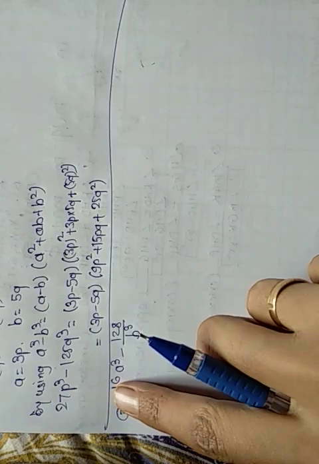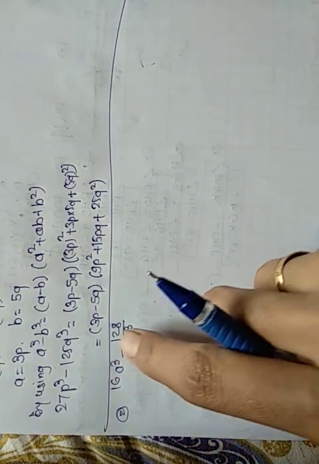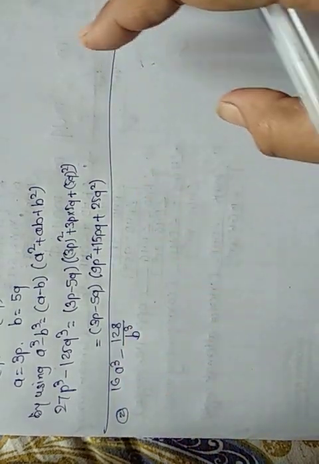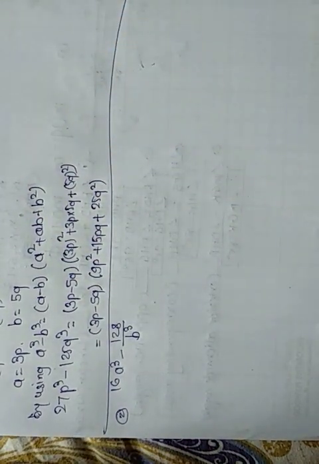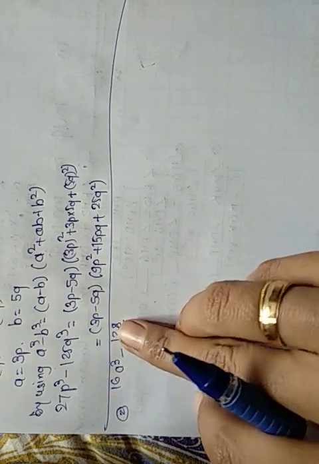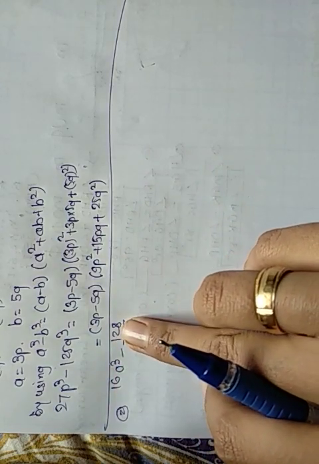First find out whether 16 and 128 are perfect cubes. No, because you know that the cube of 1 is 1, the cube of 2 is 8, the cube of 3 is 27, the cube of 4 is 64, the cube of 5 is 125. So here 16 and 128 are not perfect cubes.